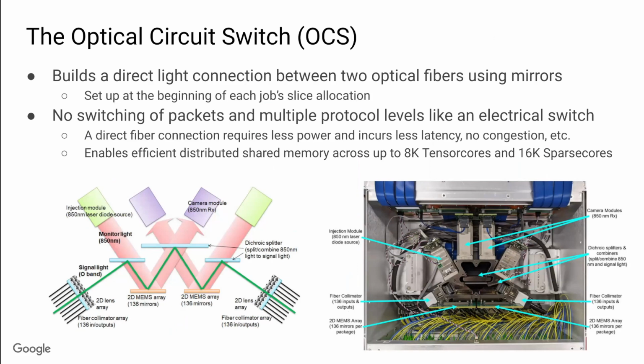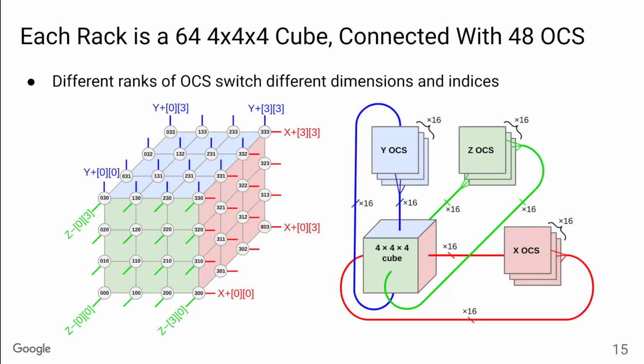This uplink will actually come in the bottom and connect to 303. This link over here, 333, will be connected to wraparound and come back to 033, if I want a 4x4x4 cube because that's the size of my training job. If I want a larger training job, then we butt 2 cubes logically together and connect a 4x4x8 configuration, etc.